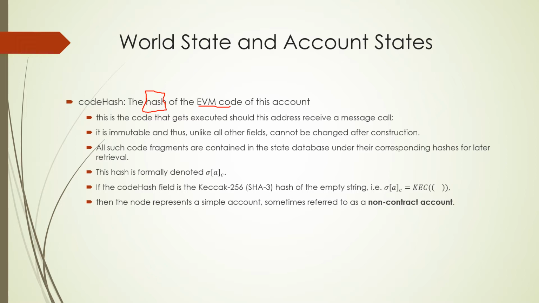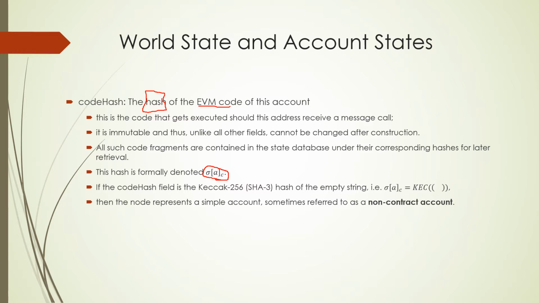This hash is represented using this notation, sigma A sub C. As I said, sigma A is basically the state of the account, and sub C, C stands for the code hash.